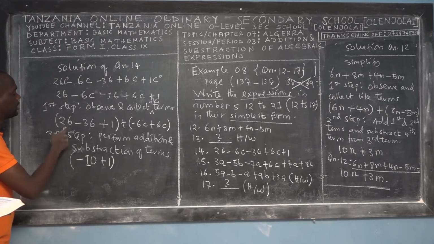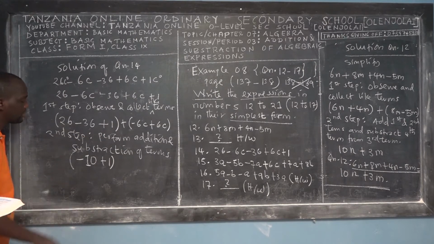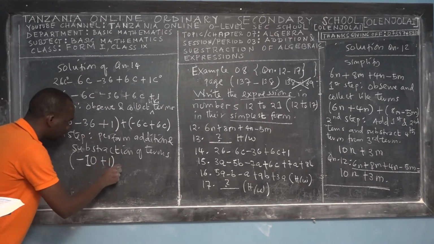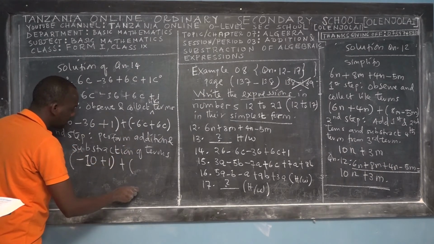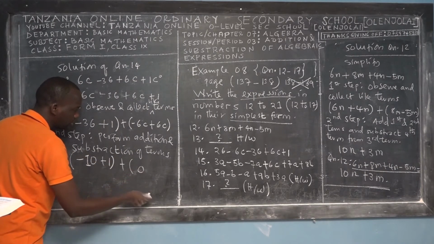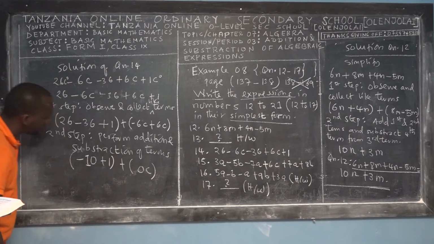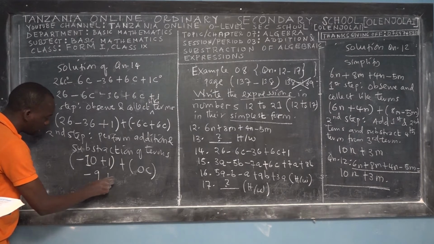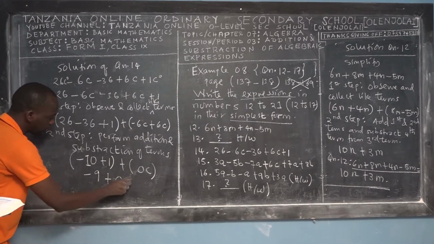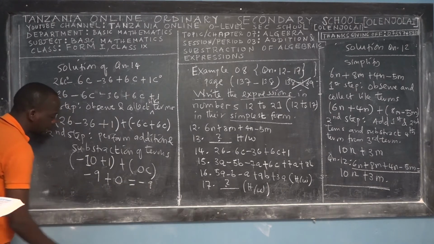Or alternatively, you can take 26 plus 1 is equal to 27. So 27 minus 36 is equal to negative 9. Then plus this one: negative 6c plus 6c is equal to 0c. Negative 10 plus 1 is equal to negative 9. And then 0c is equal to 0. So the final answer is negative 9.